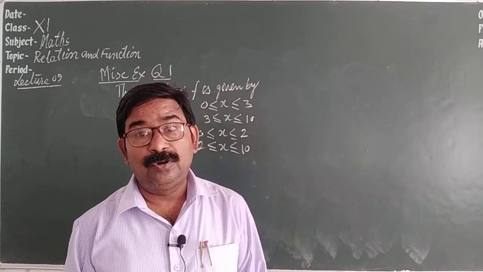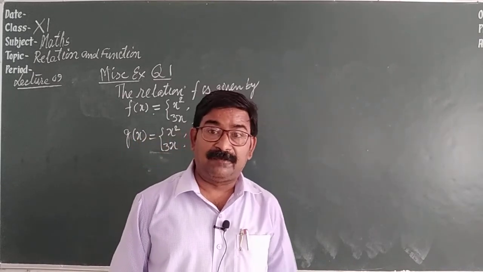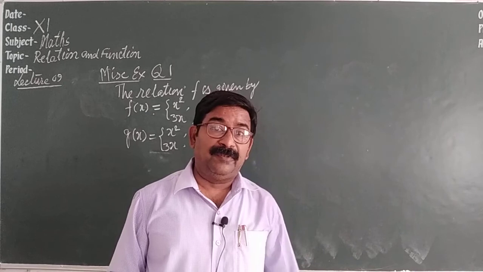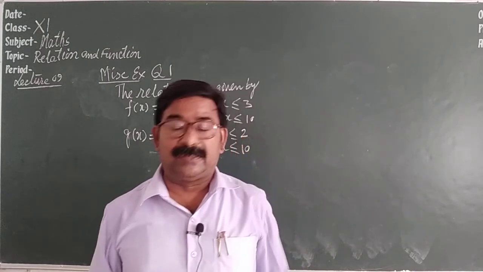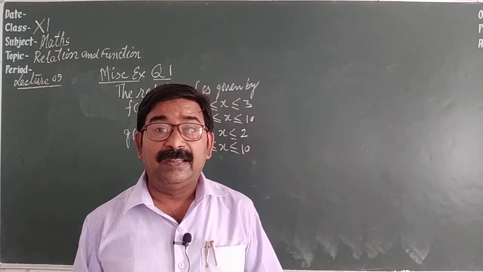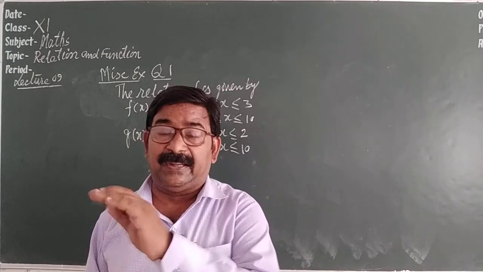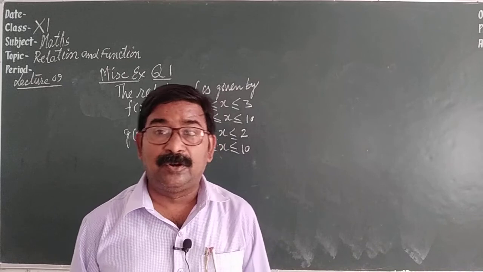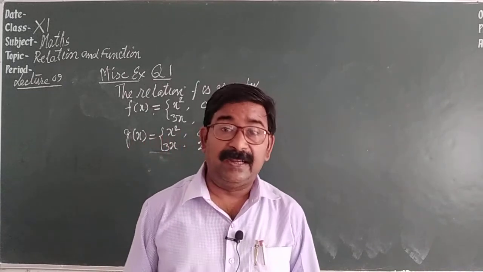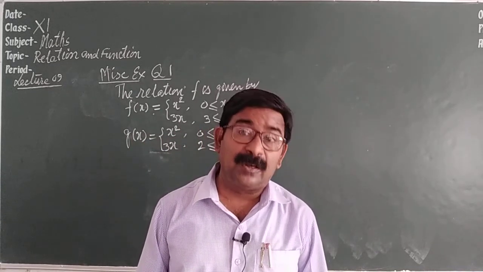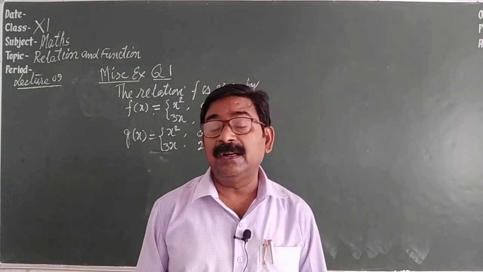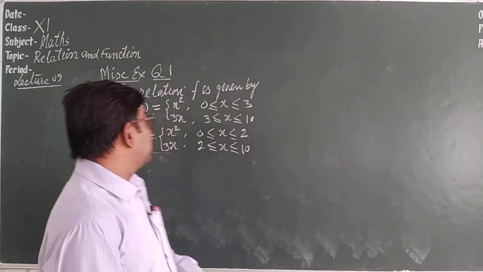What did I tell you to identify a relation and a function? When we find the ordered pairs, if anywhere the first element is repeating, it means it is not a function. And if the first element is not repeating, it means it is a function. Now let's see.